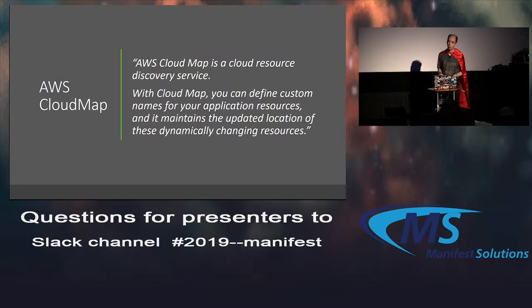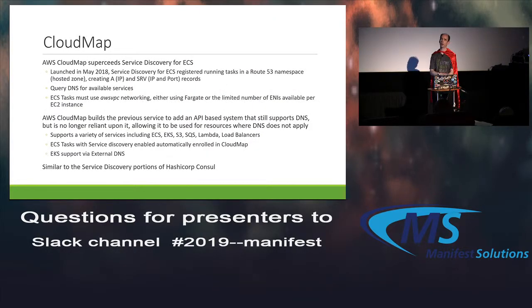Now, if you were in the previous session, there was quite a bit of coverage of CloudMap as a service discovery option. This is a fairly new service, as was mentioned there, and I'm not going to talk a lot about it because I don't want to duplicate what's already been talked about. This did originally start as ECS service discovery, basically a managed service discovery for ECS that put records into DNS in Route 53 using this namespace concept.